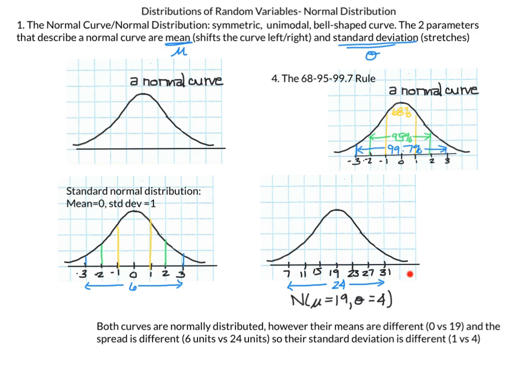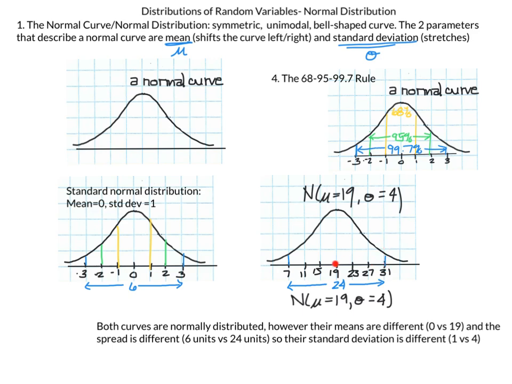We can compare this to this normally distributed curve, and here our mean is equal to 19. You can see that because that's the center of our data. And our standard deviation is equal to 4. We can also see this because 3 standard deviations away will be 19 plus 3 times 4, which is 12, giving us 31.